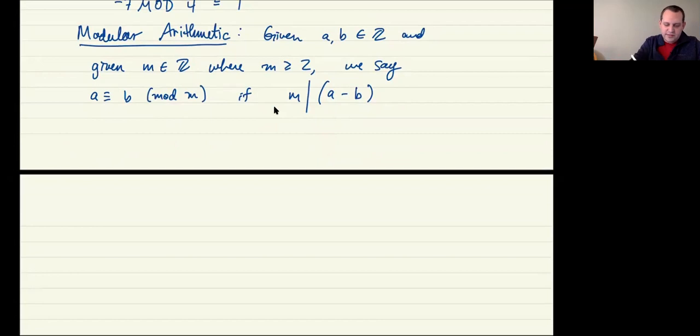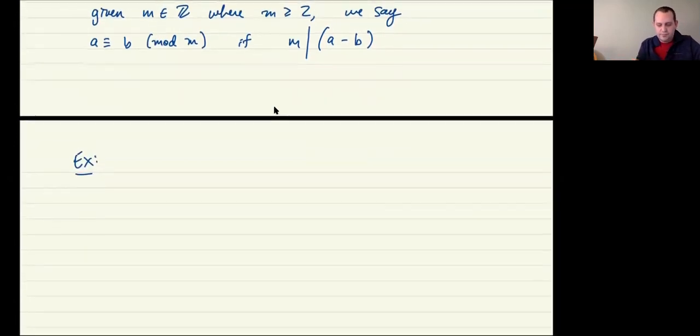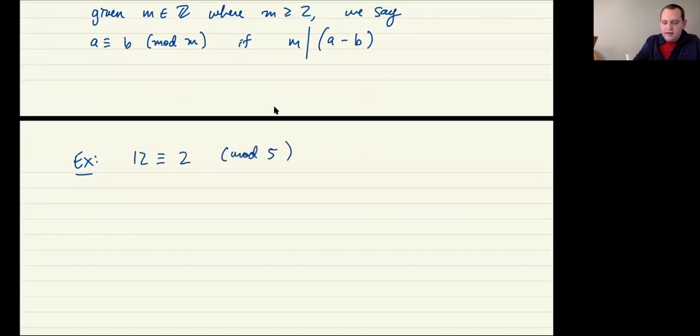Okay, so for example, I think this is important enough. If I were to take 12, that would be congruent to 2 mod 5, and that follows because 5 divides 12 minus 2, right? 12 minus 2 is 10. 5 divides 10, so 12 is congruent to 2 mod 5.